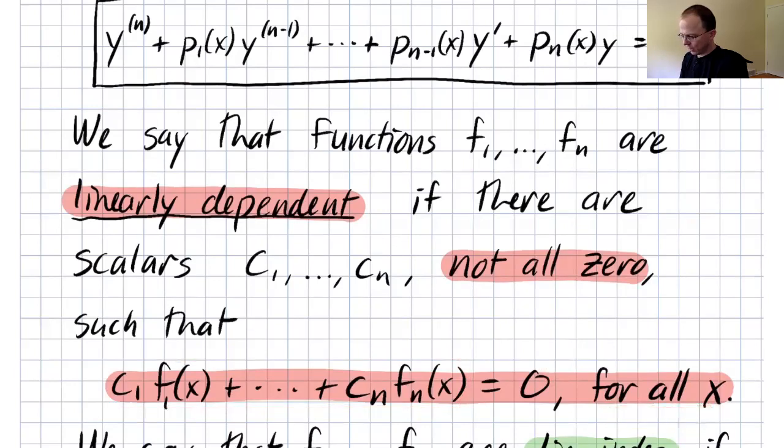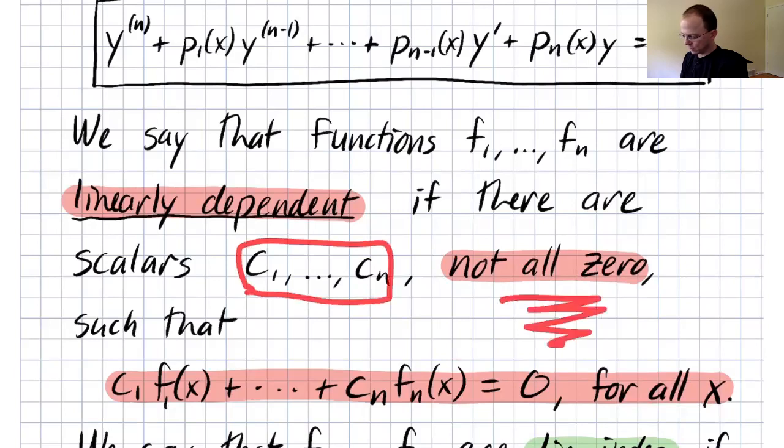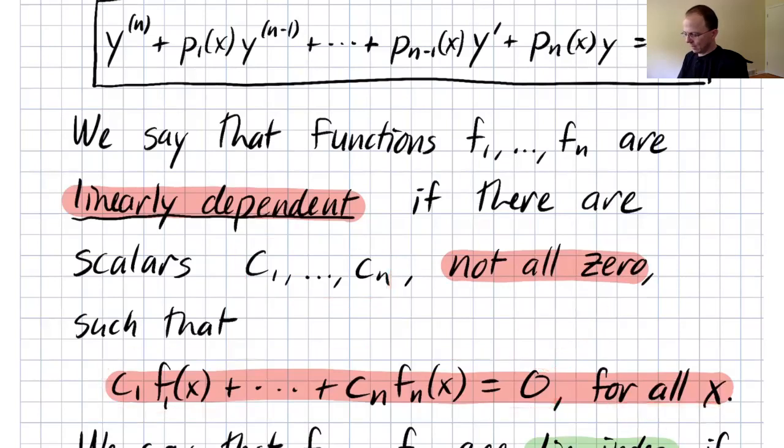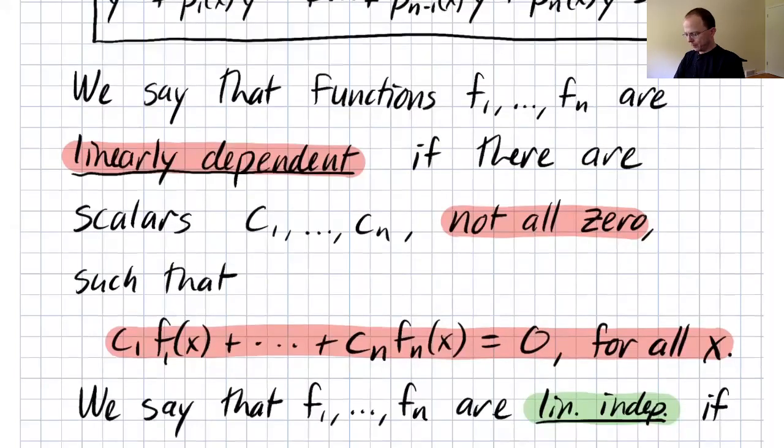Okay, so if we can find some scalars that are not all 0, such that this linear combination is equal to 0 for all x, then we've got linearly dependent functions. And that means at least one of the functions is redundant. We may have more than one function that's redundant, but we do have at least one that's redundant. So we could throw it out. We don't need it.